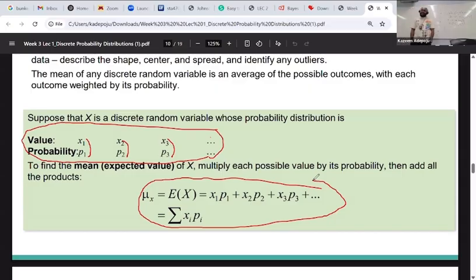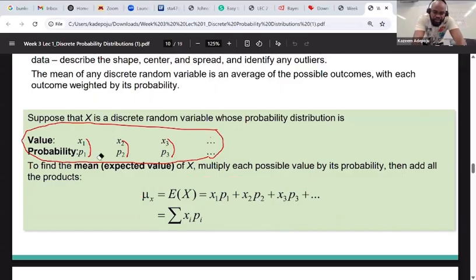How do we find the average here? To find the average, we multiply the value of a random variable by its corresponding probability. Okay, that is the formula to use for that.